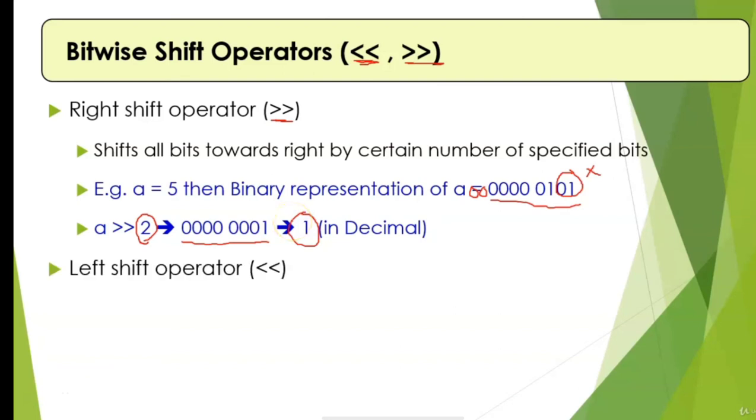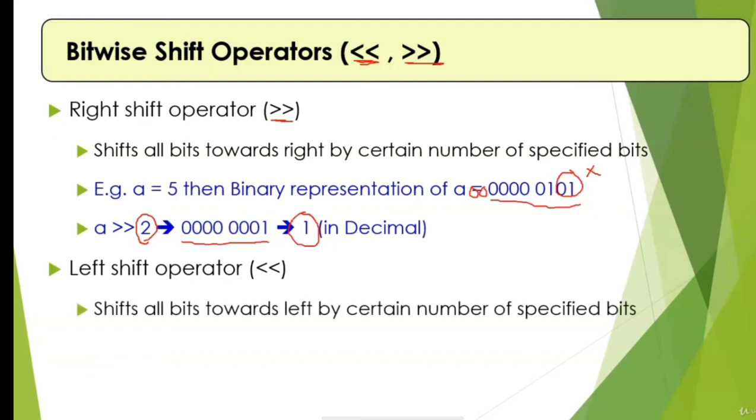Let's understand the left shift operator, which is indicated by the double less than symbol, and it is similar to the working of the right shift operator. The only difference is that here we are shifting all bits towards the left by a given number of positions.